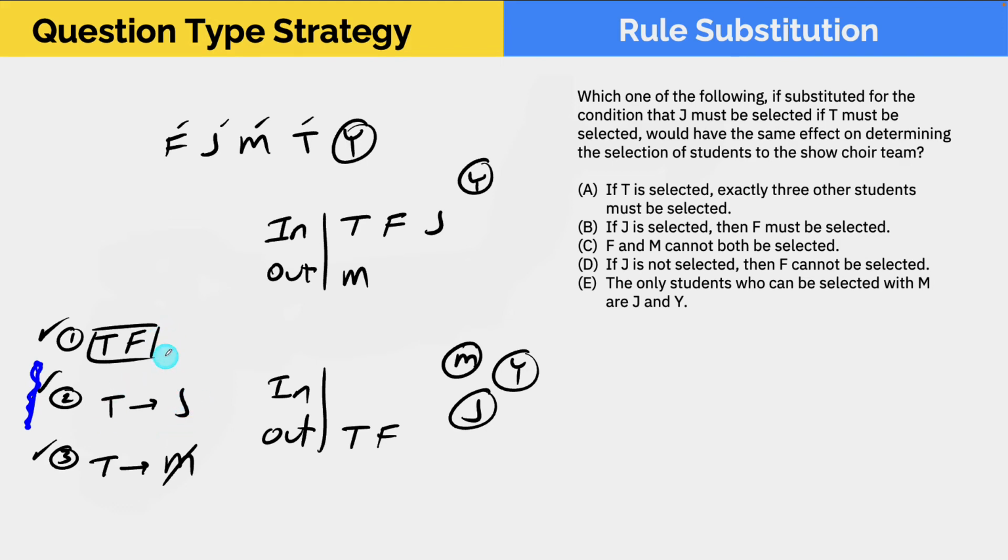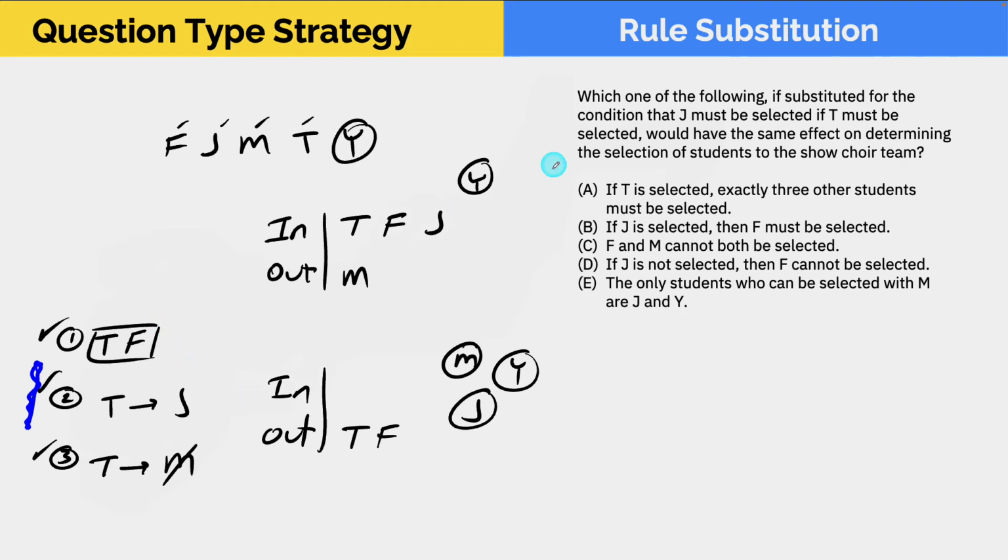Because that would be the same as saying if T is selected, then J is selected, since F and T are always together. So if you can see that, then it wouldn't hurt to look at the answers and see if you find one that says if F is selected, then J has to be selected, or something similar. And there is an answer that is based on that, but let me pretend we didn't see that connection.